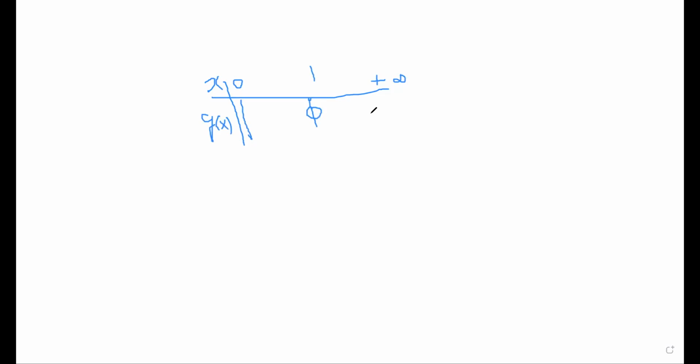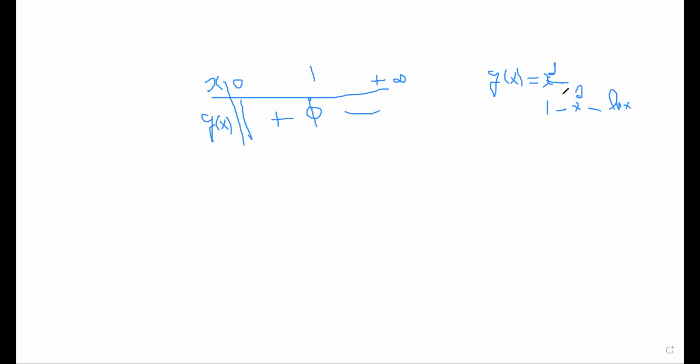I can take a number between 1 and infinity. g(x) was 1 minus x squared minus ln x. If we take a number greater than 1, like 2, and replace it here, we get negative. So this is the sign of g.